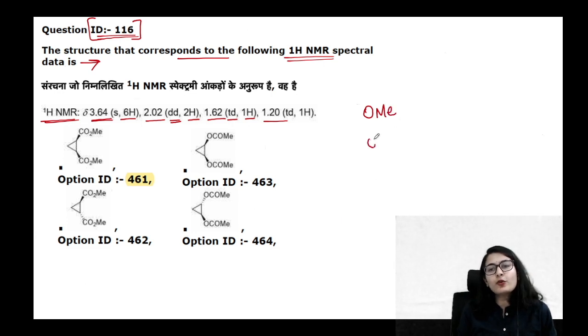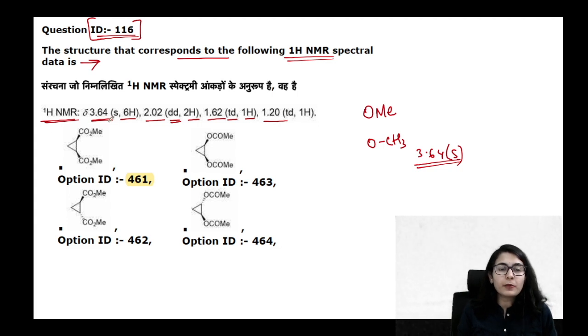You must have an OCH3 methyl, because that only is going to give 3.64, and also a singlet. We have already discussed plenty of times that a singlet at 3.64 is only obtainable when you have a methoxy.